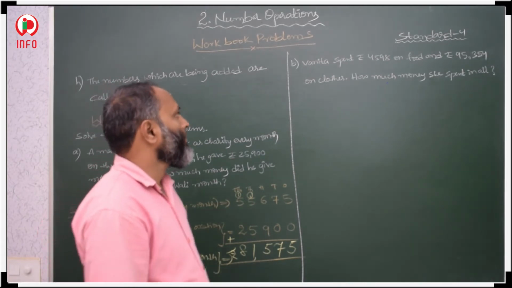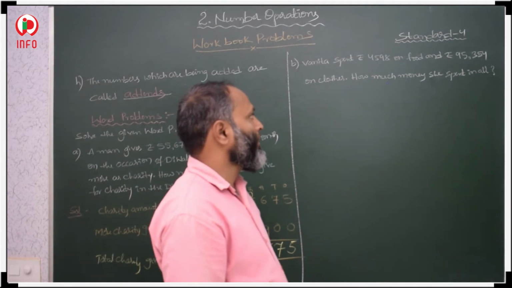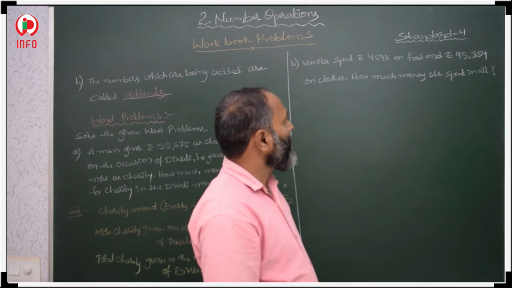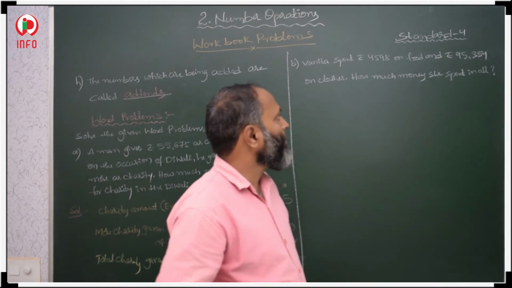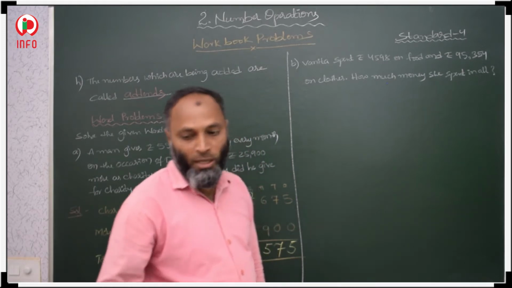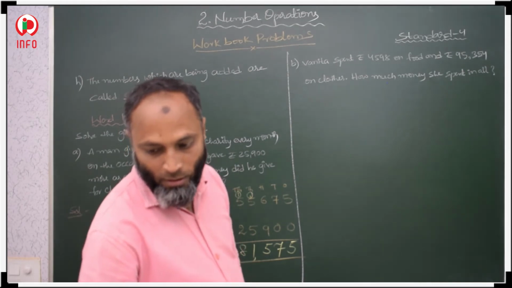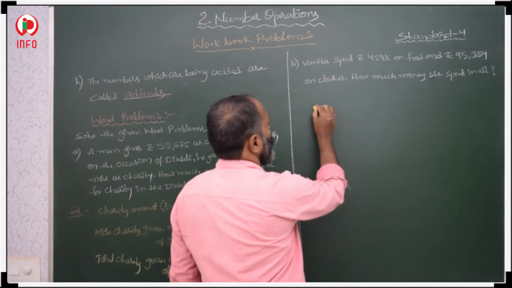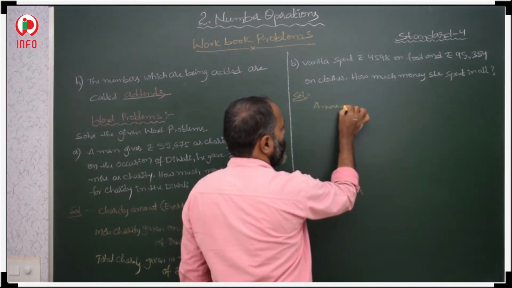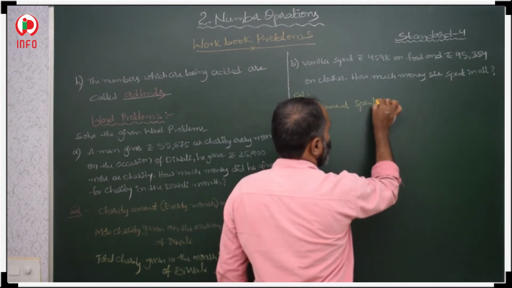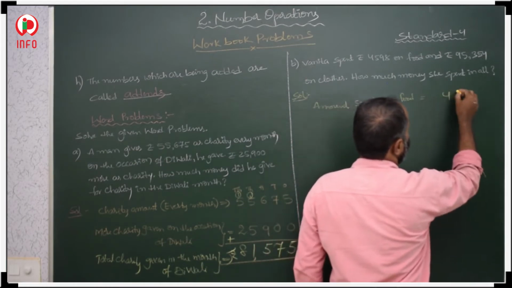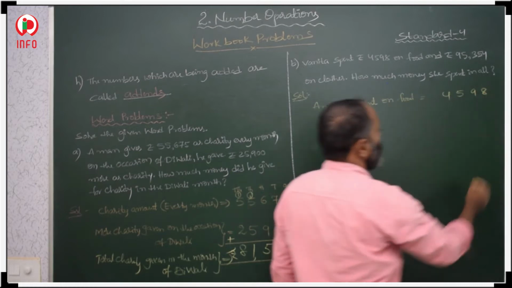Next, second question. Vanita spent rupees 4,598 on food and 95,354 on clothes. How much money did she spend in all? First, the amount spent on food: how much? 4,598 rupees.